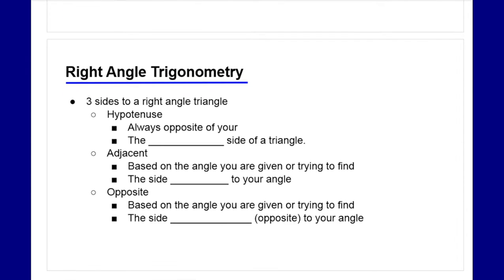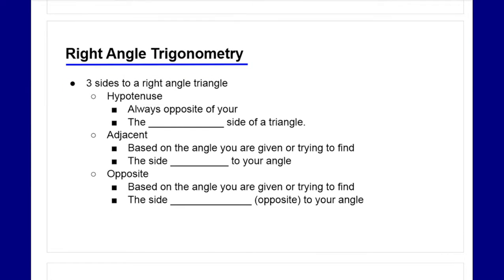With right angle trig, there's three basic sides that we need to know in order to properly use it. First is the hypotenuse. It's always opposite of your 90 degree angle, and it is the longest side of a triangle. The adjacent is based on the angle you're given or trying to find, and it is the side next to or beside your angle.